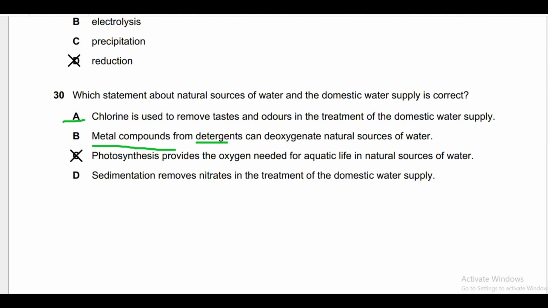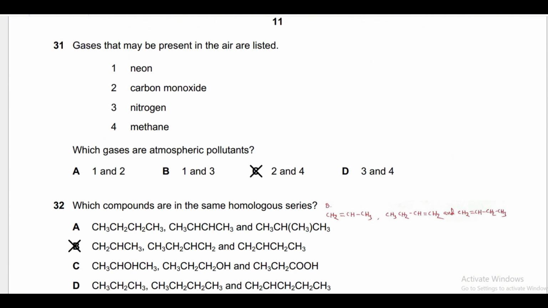Next, this 31. Gases that may be present in the air are listed: neon, carbon monoxide, nitrogen, methane. Which gases are atmospheric pollutants?